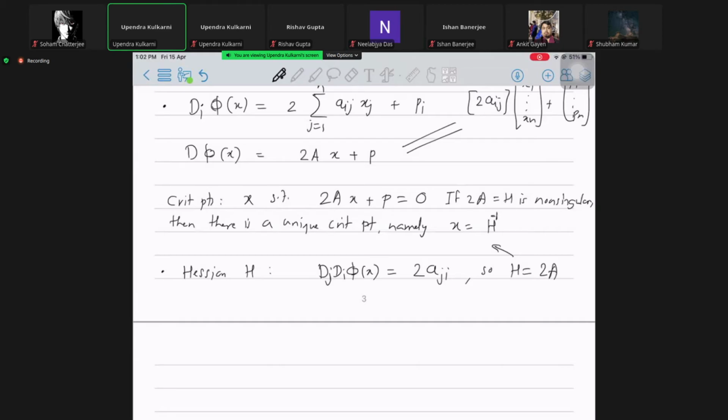But I will write it in terms of the Hessian, and H is just 2 times A. So x equals minus H inverse of p. Okay, so that's the situation that I have.